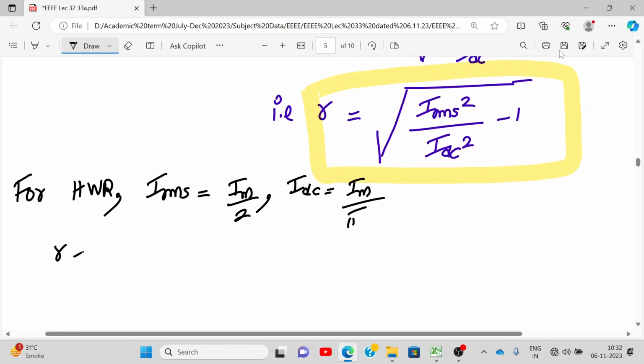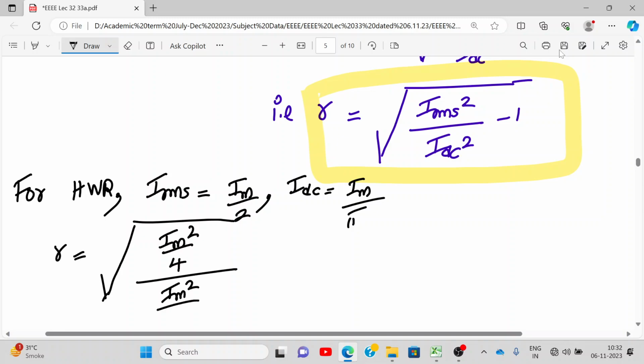So let's substitute in this ripple factor: square root of Im square by 4 divided by Im square by pi square, minus 1. So here you will get square root of pi square by 4 minus 1.